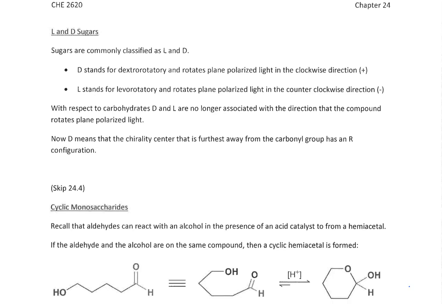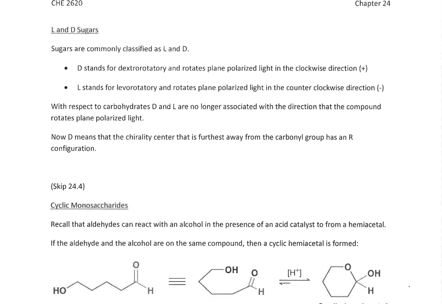So let's also look at L and D sugars. When we look at these D and L sugars, one thing that I want to change here is the order in which I've listed items. Upon further research, what I've found is that the order of operations is different.